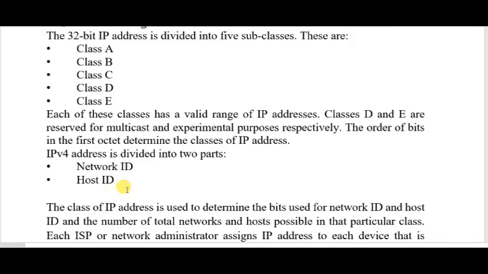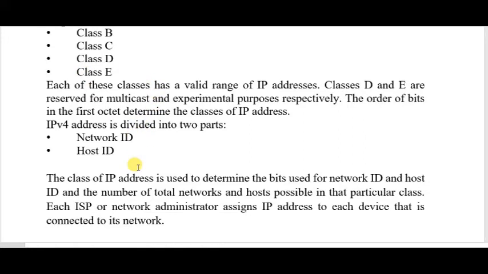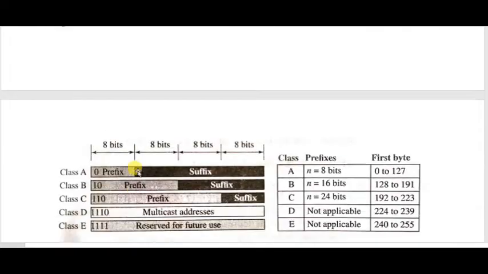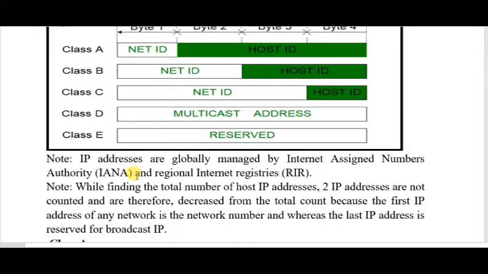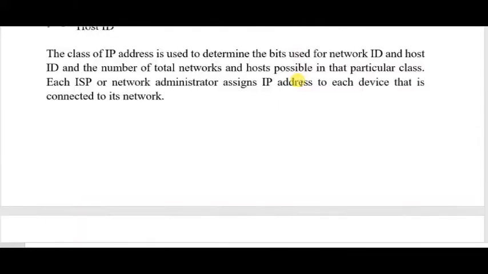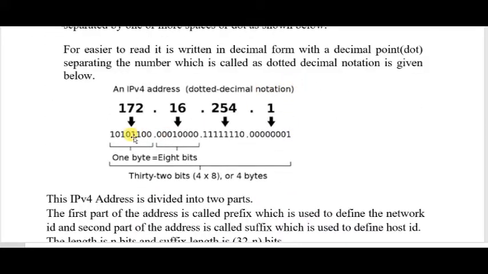So let's look at the classes in detail. The IPv4 address is divided into two parts: the first part is the network ID and the second part is the host ID. Whenever we represent the IP address, every binary number is 8 bits, dot 8 bits, dot 8 bits, dot 8 bits, for example 10101100 and 00010000.